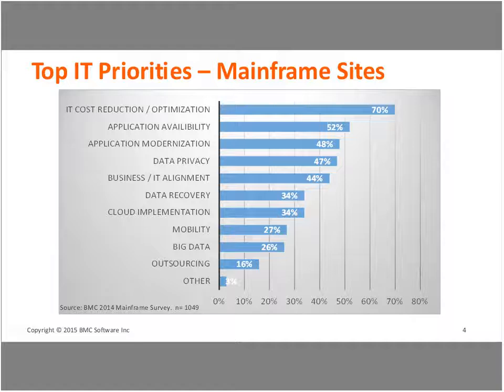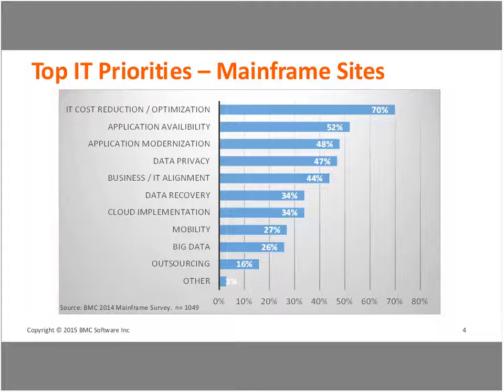The number 2 concern is application availability. And so it's not surprising that customers are concerned, number 1, make it cheaper, but make sure it keeps working perfectly. Now, if you look at the graph, it's pretty interesting that concerns about big data and mobility, while farther down the list, have actually grown in importance over the last few years.